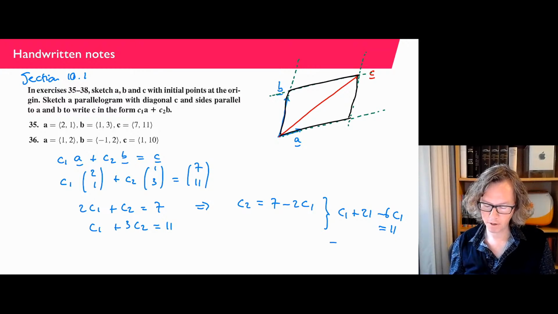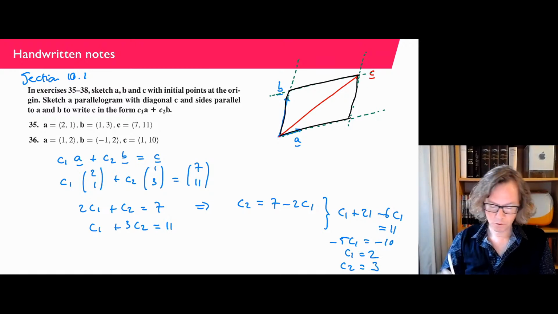So we have minus 5 C1 equals minus 10, and we find that C1 equals 2. And then C2 is 7 minus 2 C1, so that's 7 minus 4, and that equals 3.